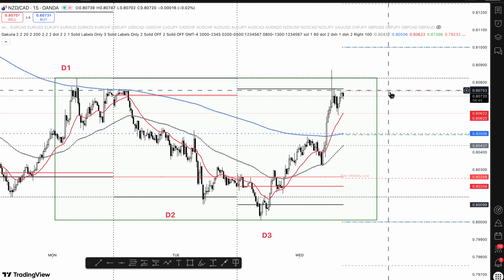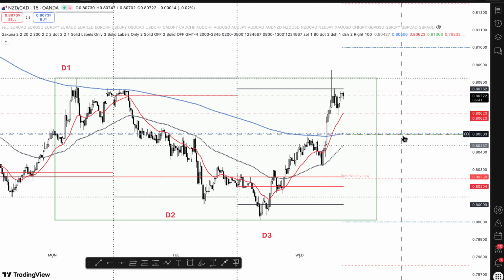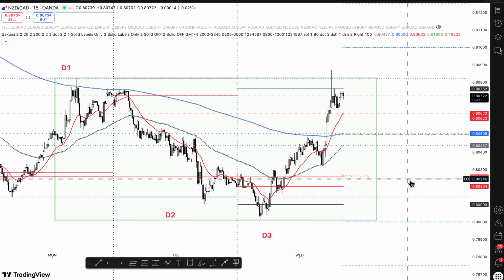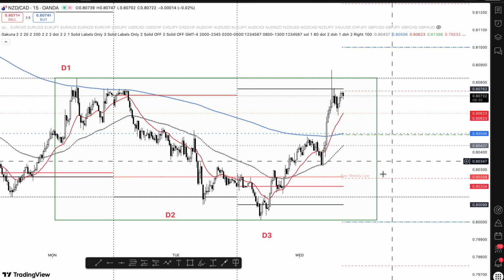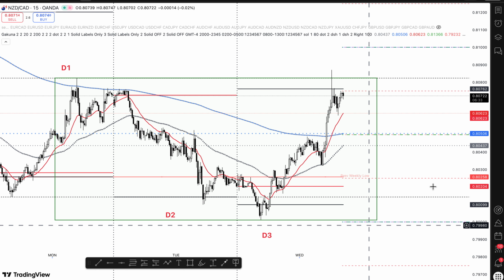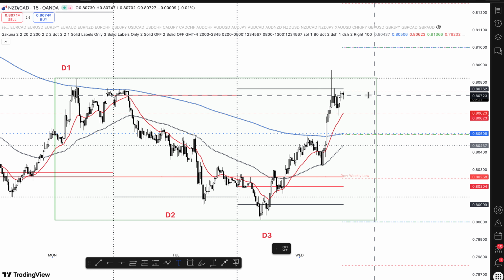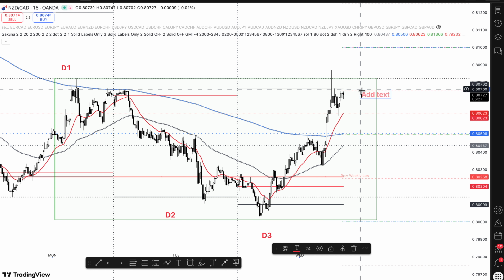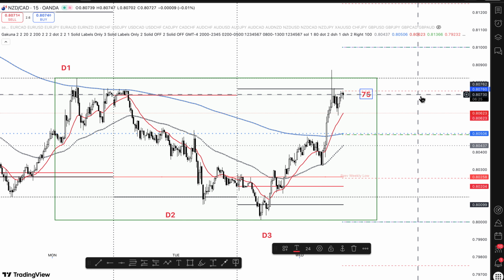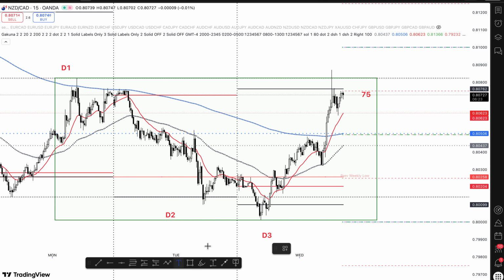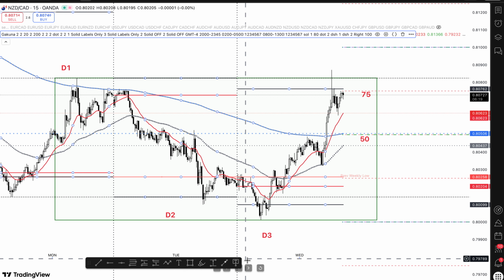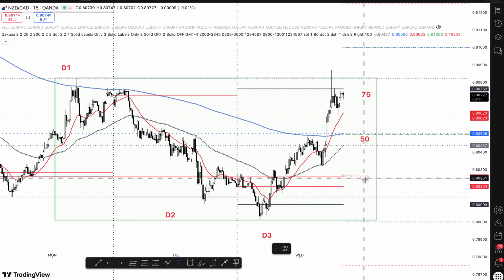We have 75, we have 50, and we have 25. 75, 50 and 25 inside of the box. 50 is the middle of the box, and we have 25.